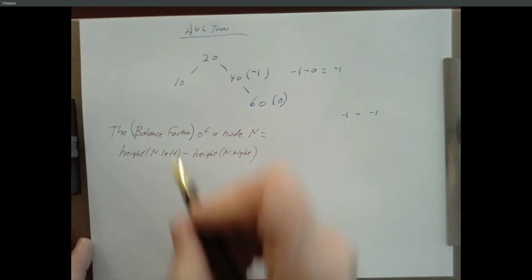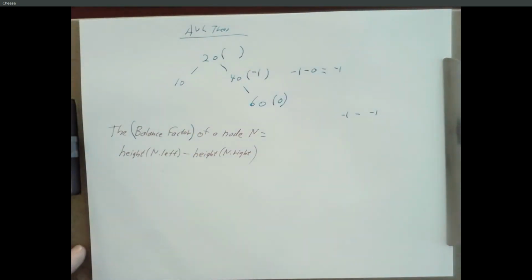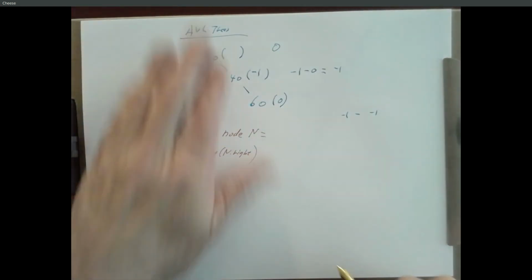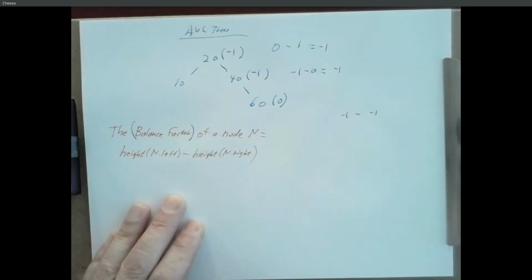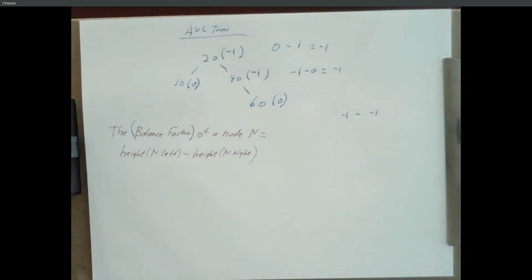Okay, what about the balance factor of the 20? Yeah, so left subtree looks like this. That's got a height of 0. Right subtree looks like this. That's a height of 1. Subtract. That's minus 1. And the 10 is going to be 2 nulls, so that's going to be 0. So we can write down the balance factor for every node in a tree.